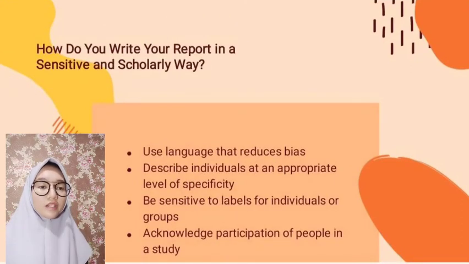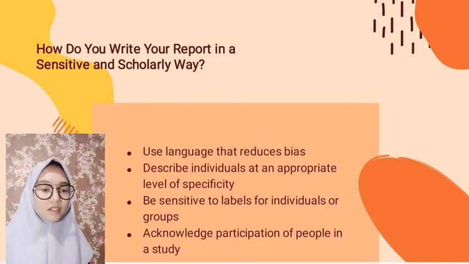And how do you write your report in a sensitive and scholarly way? The first is use language that reduces bias. The second is describe individuals at an appropriate level of specificity. The third is be sensitive to labels for individuals or groups. And the last is acknowledge participation of people in a study.